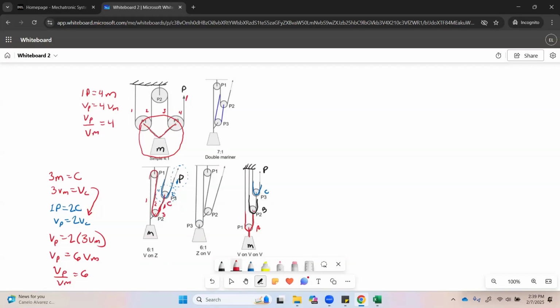Based on this one, we have this rope here connected to this pulley, and then we have the 2 sides of it pulling up on the first pulley. So M and A, those 2 pulleys are immediately connected. So we know that M and A have the same speed.